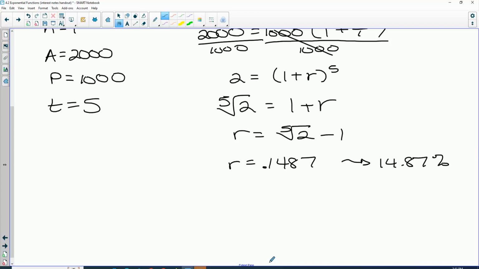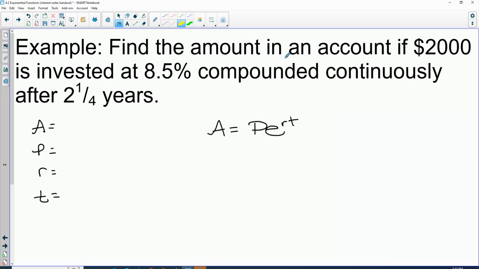I want you guys to try the next one on your own. Remember, anytime it says continuously, that's when you use the second formula.